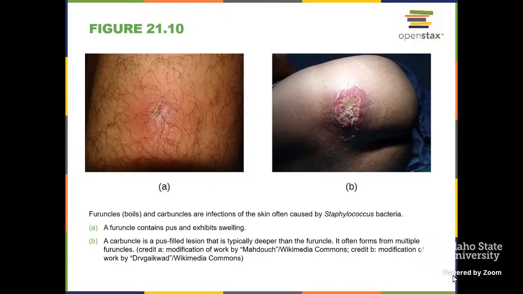Furuncles, these are boils, and carbuncles, they are pus-filled lesions. They're more pronounced, more aggressive than a furuncle. They're ultimately multiple furuncles combining together to give you a carbuncle, all right? Both kind of interesting names, I think, all right? So here we can see this carbuncle.